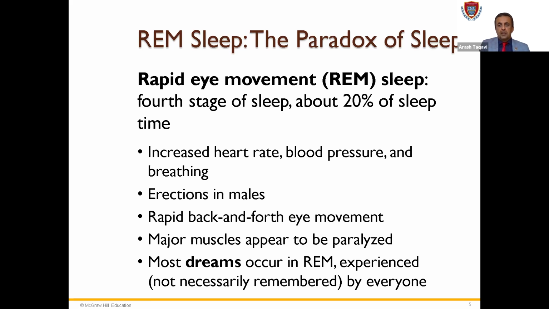It involves increased heart rate, blood pressure, and breathing, erections in males, especially near the morning, and rapid back and forth eye movement. You can see that my eyes are moving back and forth when my eyes are closed. Major muscles appear to be paralyzed, and most dreams occur in REM, though the experience is not necessarily remembered by everyone.